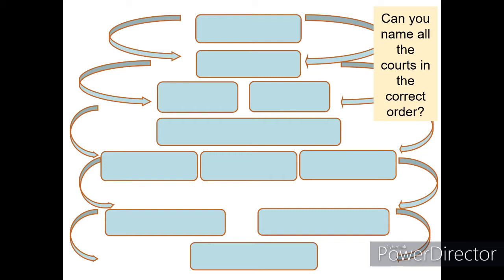Can you name all the courts and can you put them in order? Which one is at the bottom? Which one is at the top? Think about which ones are civil and which ones are criminal, and try to keep the civil ones at one side. What are those three courts in the middle?